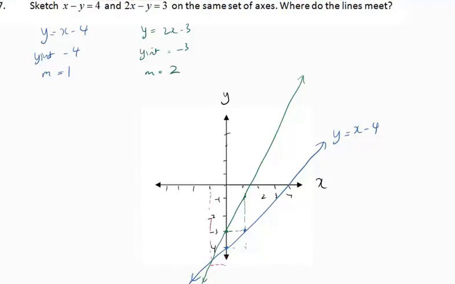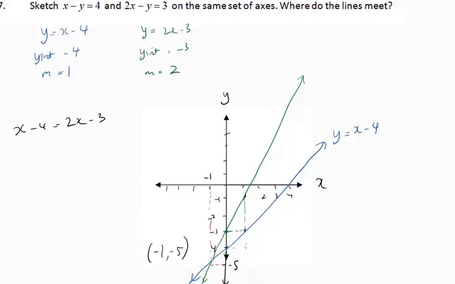So if we take our black pen and we extend here, it's minus 4, here's minus 5, and minus 1. So they meet at the point minus 1, minus 5. So we did this before with making both sides of our equation equal to each other. So here we would have done x minus 4 is equal to 2x minus 3.